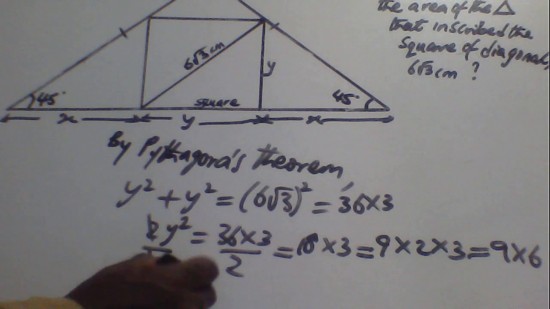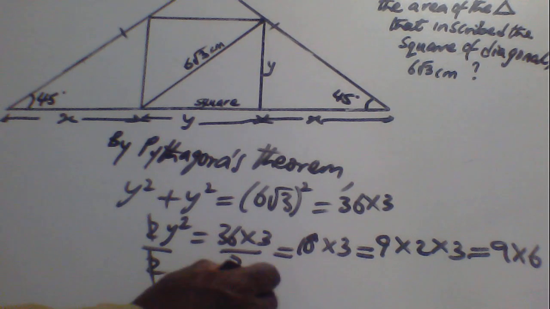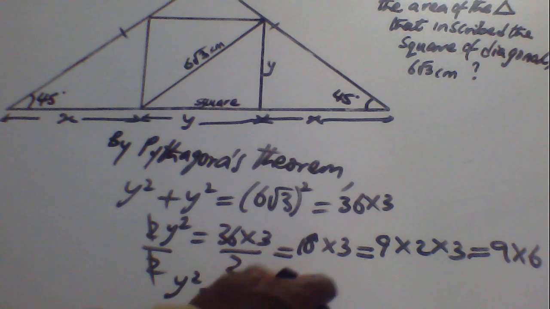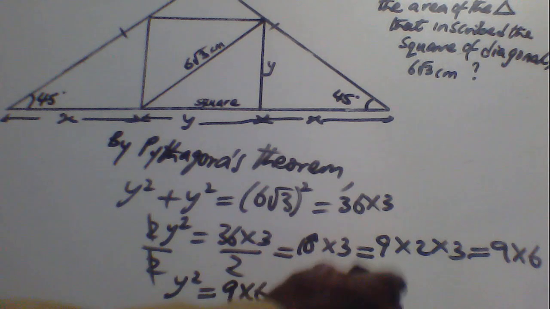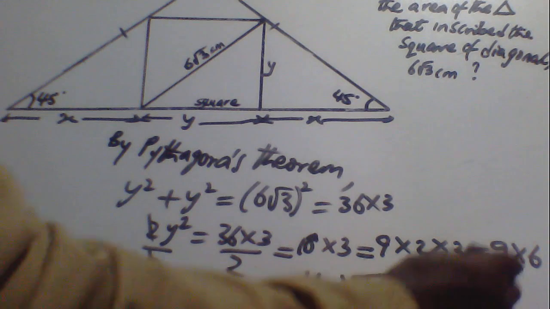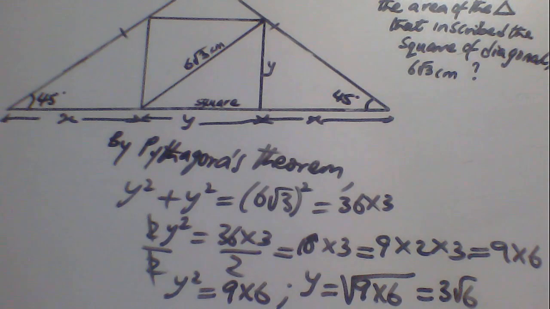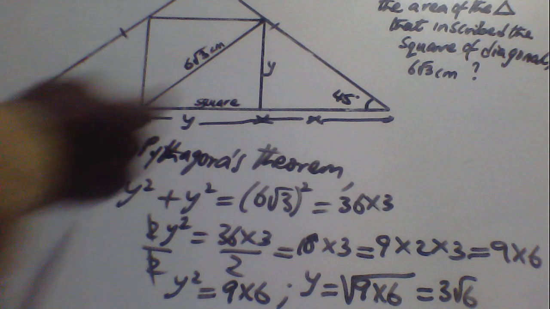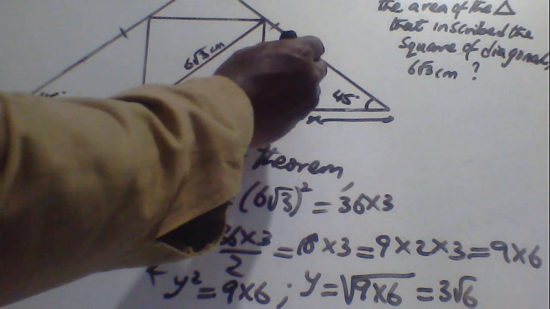So y squared is equal to 9 times 6. In that case, find the square root of both sides of the equation. We have the square root of 9 times 6, and we have 3 root 6. So we have gotten y to be equal to 3 root 6.